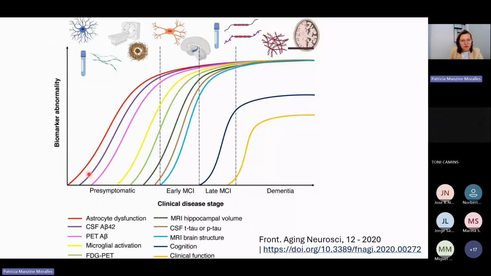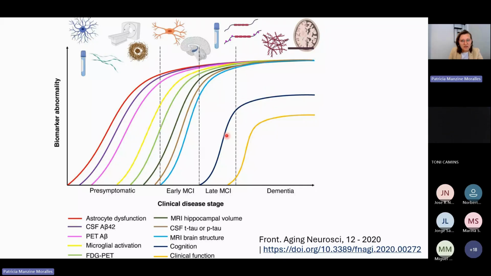This is a chronobiological model of biomarkers in Alzheimer's disease, looking at the clinical stage. As we can see, amyloid plaque biomarkers are dynamic early in the disease, prior to the appearance of the clinical symptoms, and have largely reached a plateau by the time clinical symptoms appear. We can also see that biomarkers of neuronal injury, dysfunction, and also degeneration are dynamic later in the disease and correlated with the clinical symptoms and also the severity of the disease.